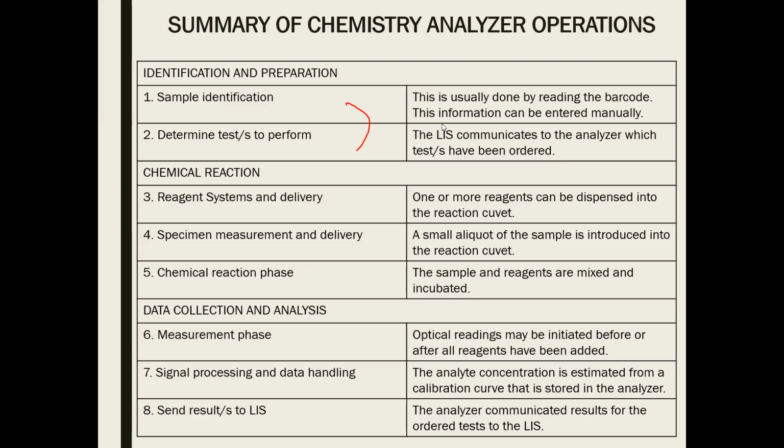Data collection and analysis, the measurement phase, which includes your optical readings, may be initiated before and after reagents have been added. Signal processing or data handling, the analyte concentration is estimated from a calibration curve that is stored in the analyzer. The purpose of having your quality control is so that there will be a calibrated curve for our analysis in our machine and send results to the LIS for your analysis and for the releasing of the results.